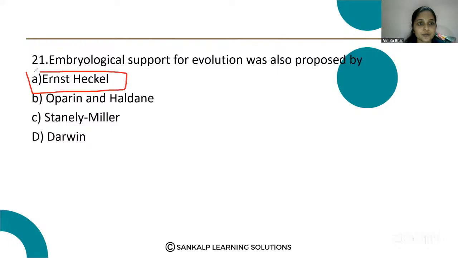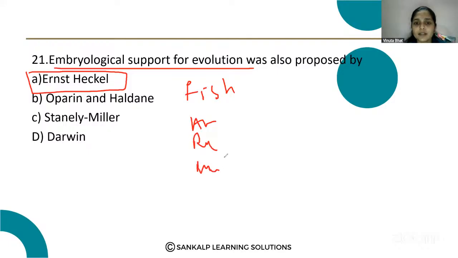He proposed the embryological support for evolution, meaning according to the scientist, all vertebrate embryos pass through the same stages during embryonic development: fish embryo, amphibian embryo, some reptiles and some mammal embryos.